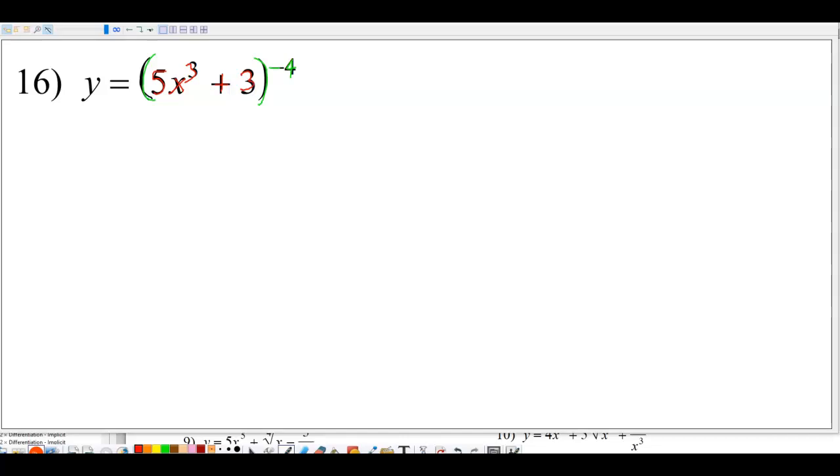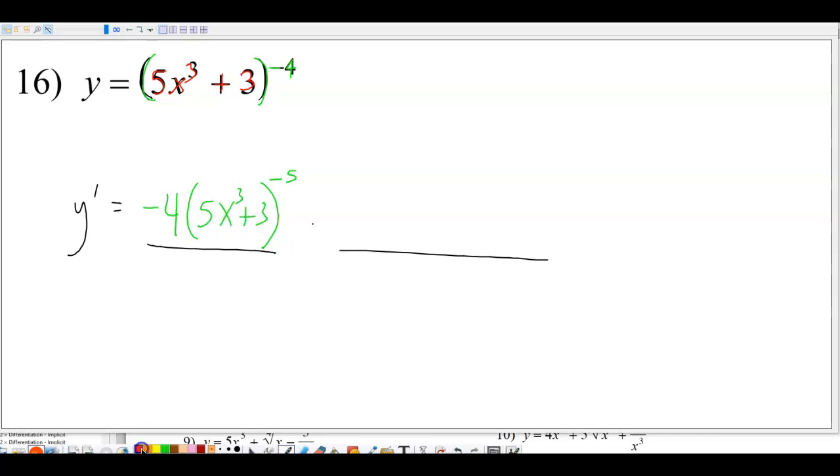When you see an inside function and an outside function, that's a good indicator that you're going to do the chain rule. And the derivative of a chain rule is going to be the derivative of the outside multiplied by the derivative of the inside. So the derivative of the outside, the green part, would be to take the power of negative 4 and multiply it to the front and take 1 off of the power. The inside will stay the same.